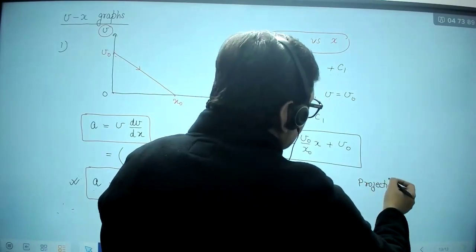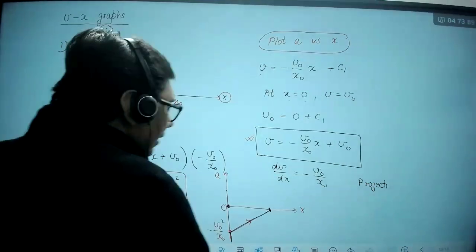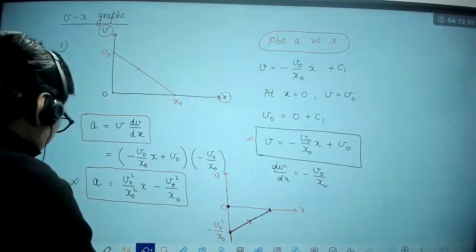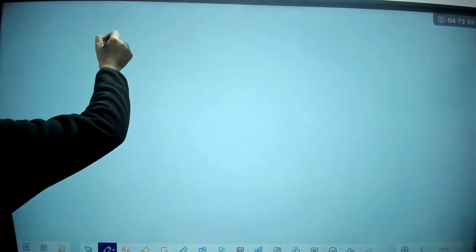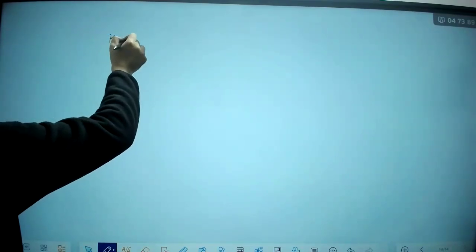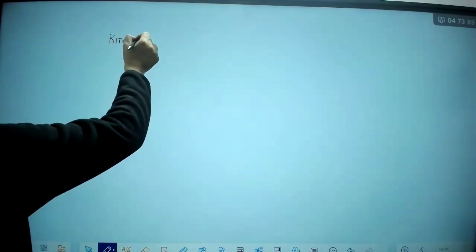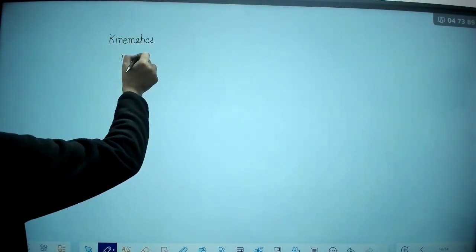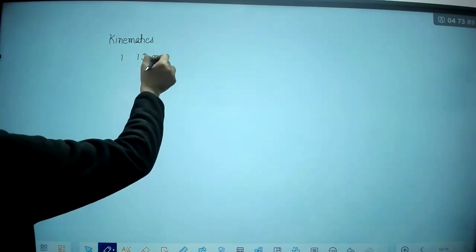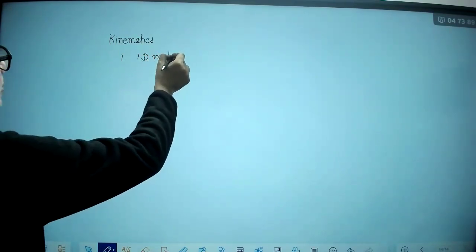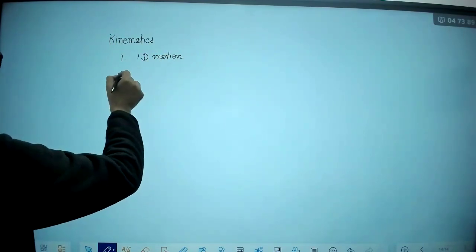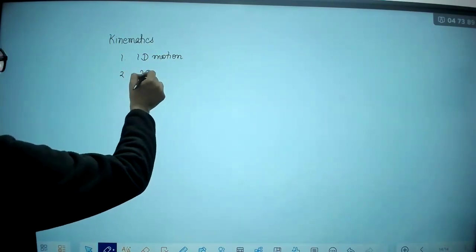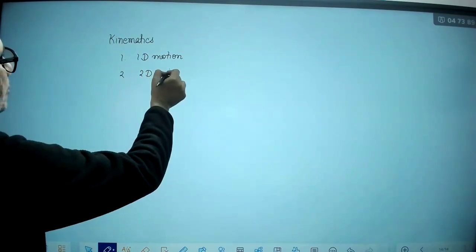Actually, whenever we are studying kinematics, first this will be 1D motion, and here there will be 2D motion.